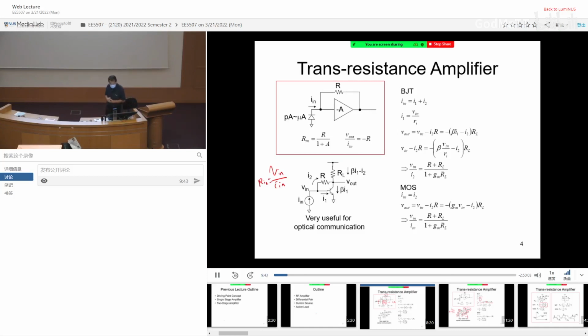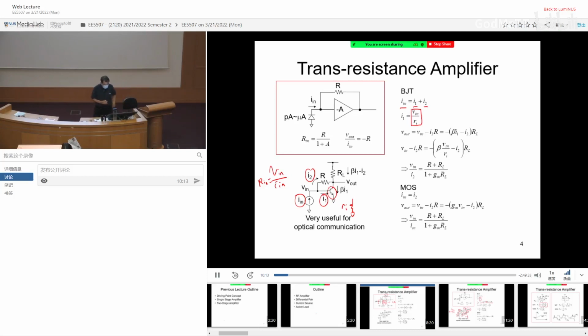For the BJT, we note that Iin, the current source, according to KCL, consists of I2 and I1. So Iin equals I2 plus I1. Now I1 is easy. You look into the base, and what you see is the equivalent resistance of this transistor, which is Ri. So I1 is Vin divided by Ri.